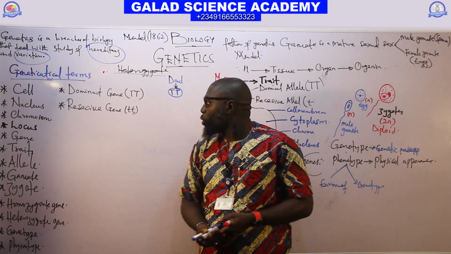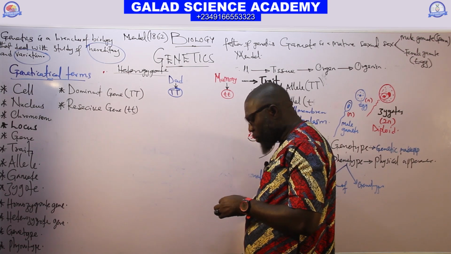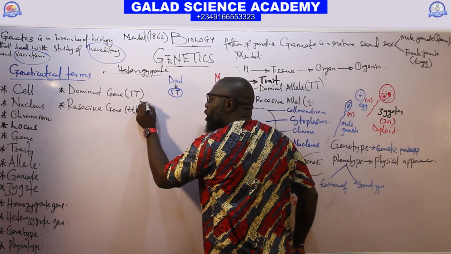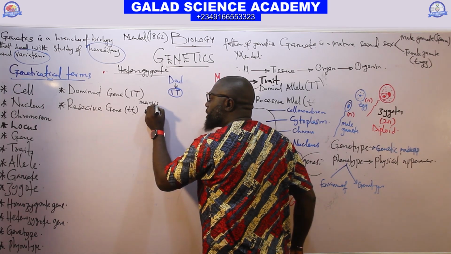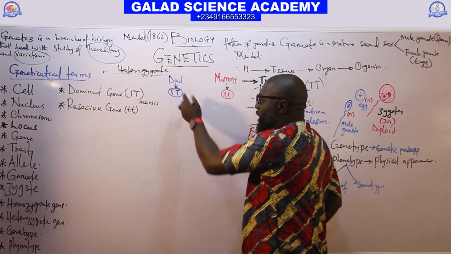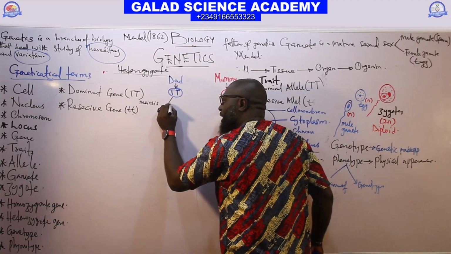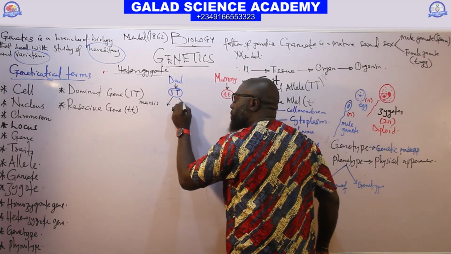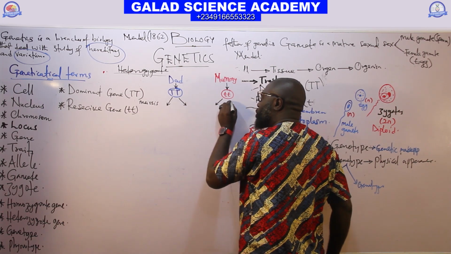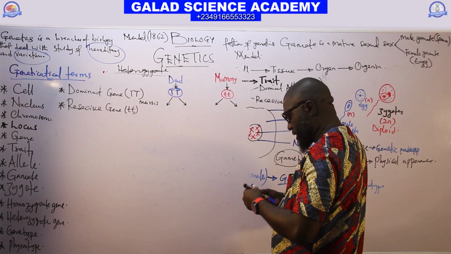So when meiosis occurs, what is meiosis? Meiosis is a cell division that occurs in a gamete. It splits my daddy into two, and it splits my mommy into two.